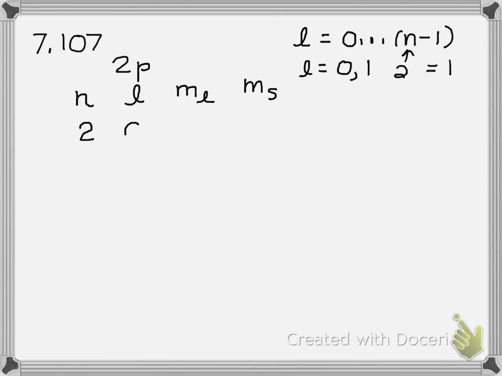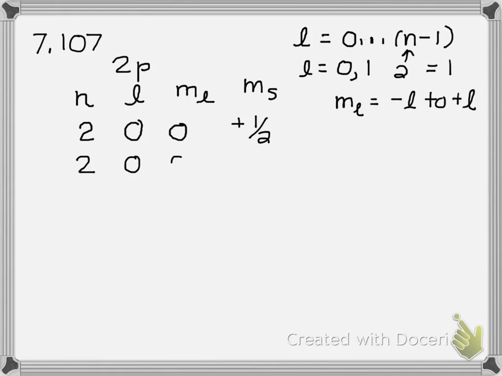So if l equals 0, then I know m sub l equals negative l to positive l, and so if l is 0, then you can only have one number. That would be 0. And then m sub s could be plus a half, or I could have 2, 0, 0, minus 1/2. The other one I could have a 2, and remember up here I said that l could equal a 0 or a 1. So then I would have 2, 1.